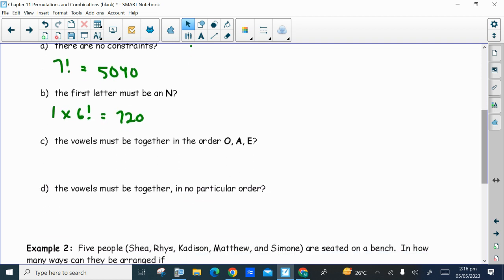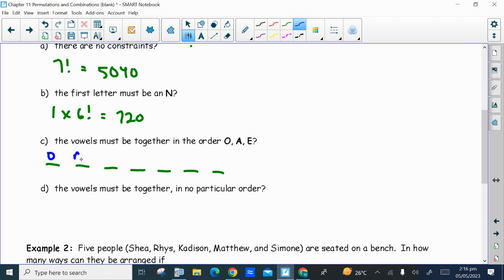So this next one is different. What if the vowels must be together and in the order O first, A second, E last? So for this one, I'm going to mark down the 7 spaces. And the vowels must be together in that order.